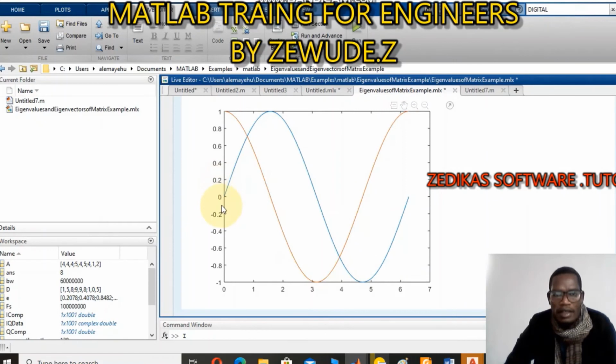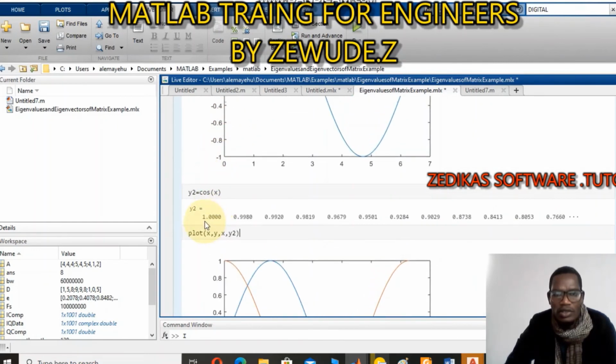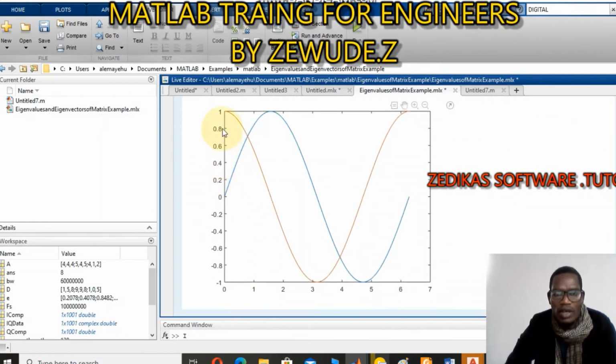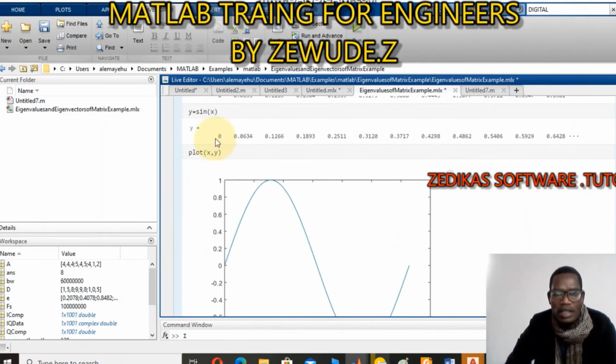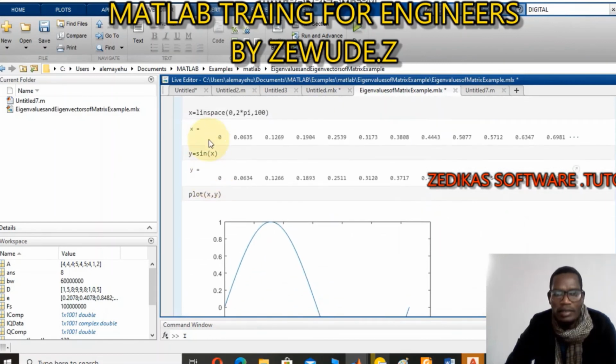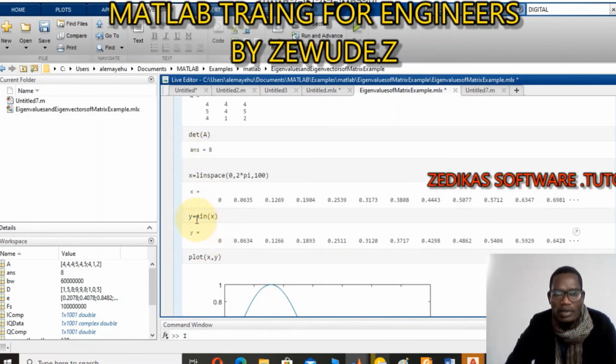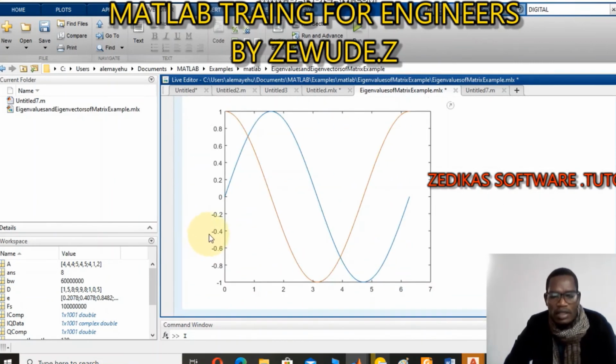The x function is starting from 0, and the second function is starting from 1. Look at the y value for the second graph: it starts from 1 here, while the y value for the first graph starts from 0 here. That is the difference.